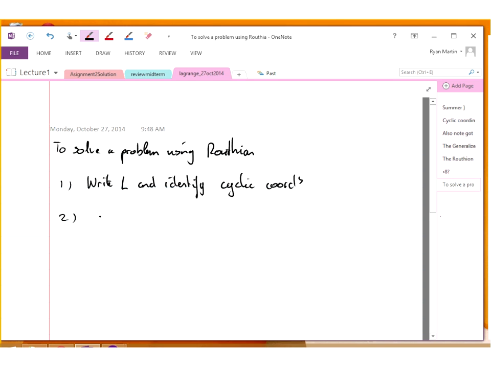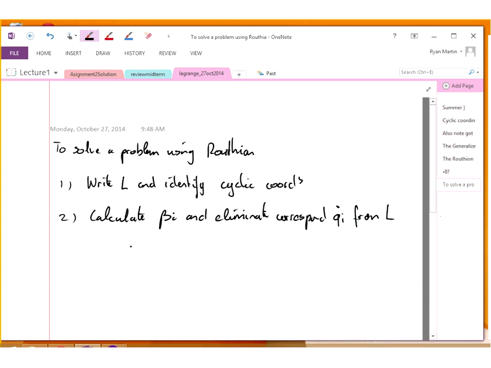The second step is to calculate the β_i and use them to eliminate the corresponding q_i dots from the Lagrangian.